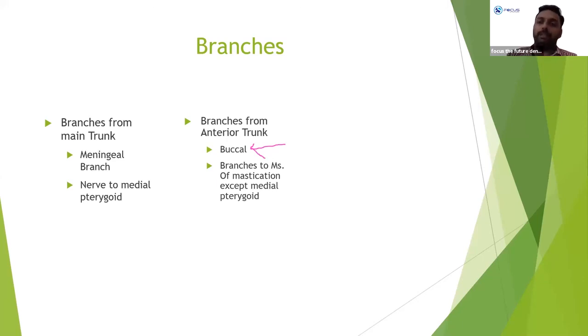It is going to supply the cheek or the gingiva over the buccal aspect of the lower posterior teeth. So don't hesitate to answer it. Now the anterior trunk also supplies the branches to the muscles of mastication, including the lateral pterygoid, the masseter and temporalis.